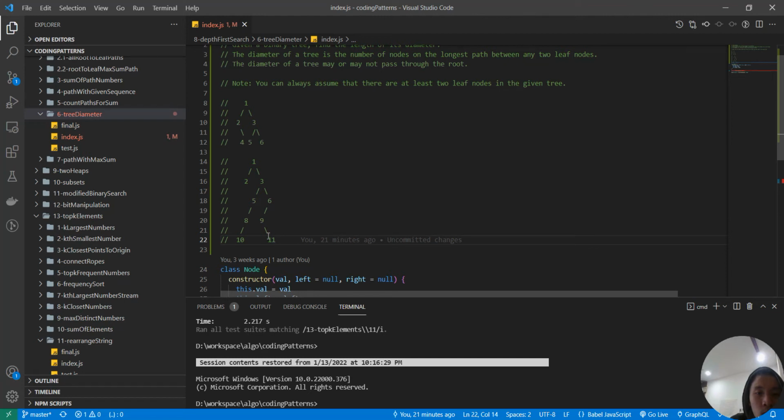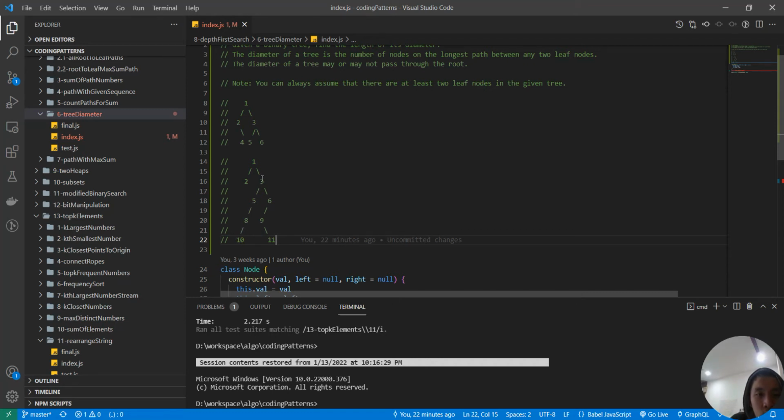Both of these paths go through the root node. And the last path that we can find here is between 10 and 11.